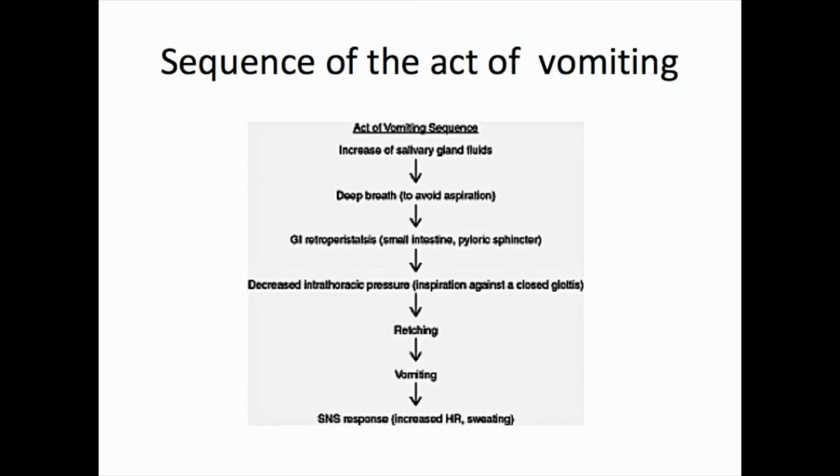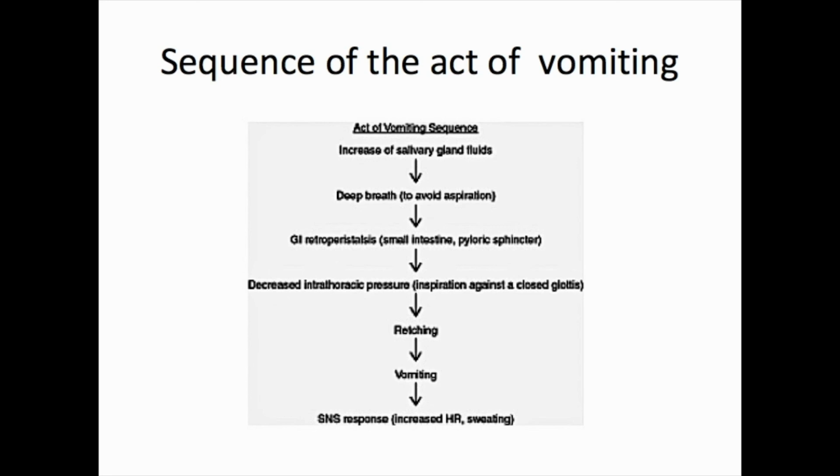The mechanism of vomiting is intricate. You see, when antiperistalsis pushes the contents of upper part of small intestine to duodenum or stomach, obviously there is overdistension of duodenum and stomach. So take a deep breath, raise the hyoid bone and larynx.